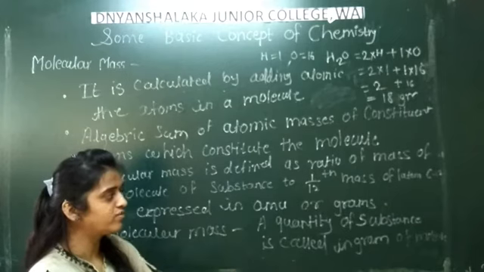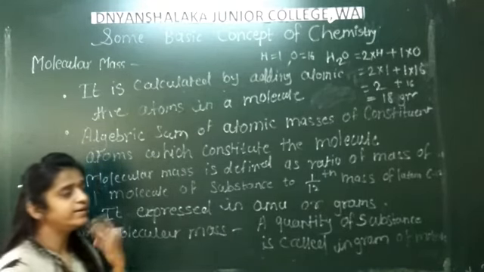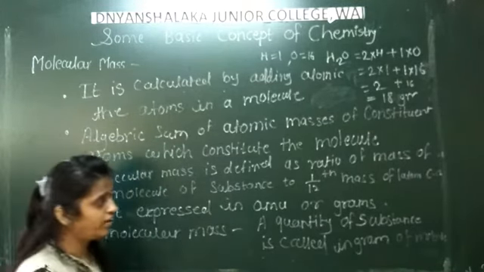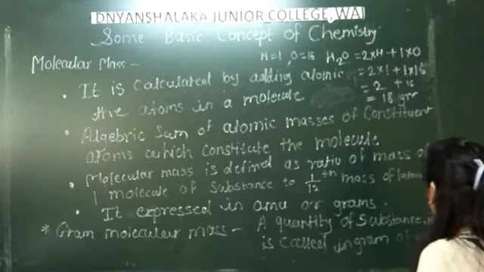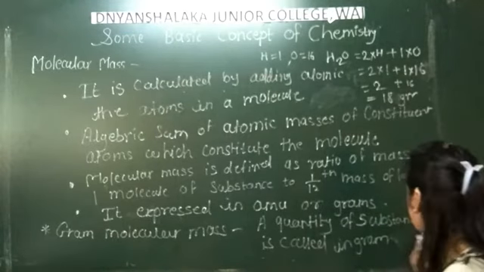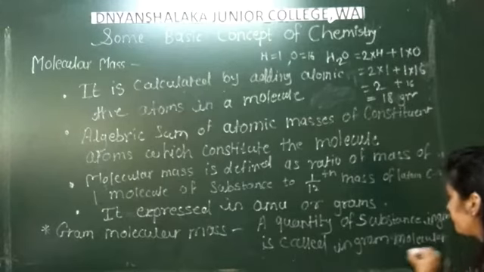AMU means atomic mass unit. Gram molecular mass means a quantity of substance in gram, which is called gram molecular mass.